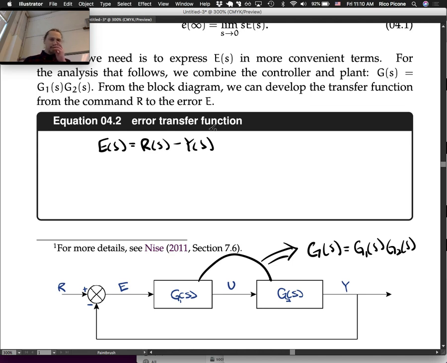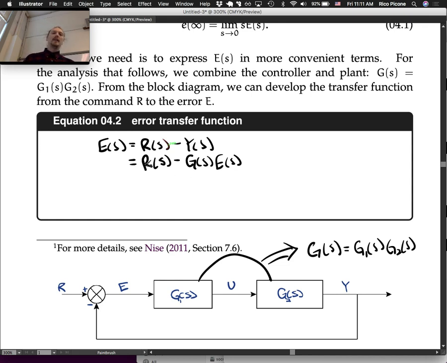If you plug in the expression that this combined block gives you, which is that G operating on E gives you Y, then R stays the same, R of s, minus, we can replace Y with GE, G of s E of s. Now we've eliminated Y.